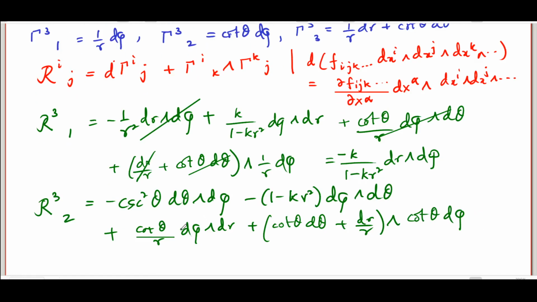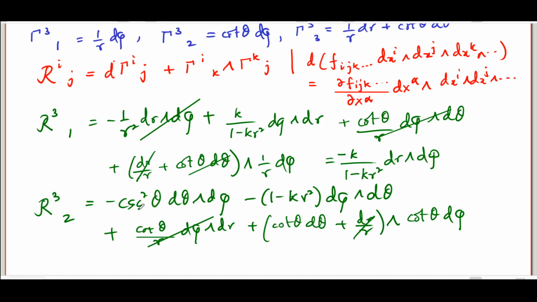Okay, now what about the d phi wedge dr term? Cot theta by r in front here, cot theta by r in front here with the reverse order for the wedge products, so this term goes away. This is cot square theta minus cosec square theta, d theta wedge d phi.